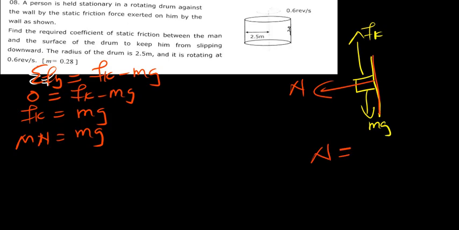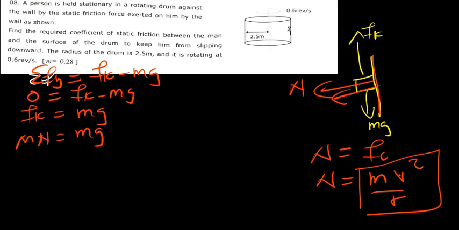So we equate them equal to each other. So the normal force in that case is m v squared divided by r. This is what I'm going to replace where there is N. I don't know if I've made myself clear there.